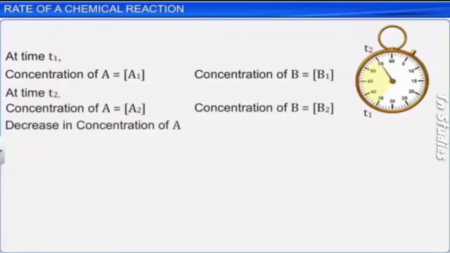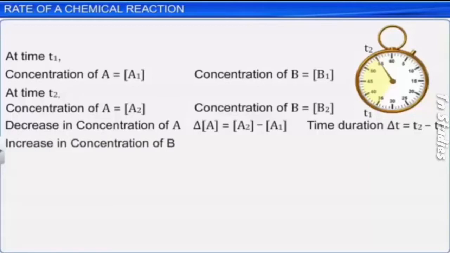The decrease in the concentration of reactant A, delta A, during time interval delta T equal to T2 minus T1 is given as A2 minus A1. Similarly, the increase in the concentration of product B, delta B, is given as B2 minus B1 during time interval delta T.